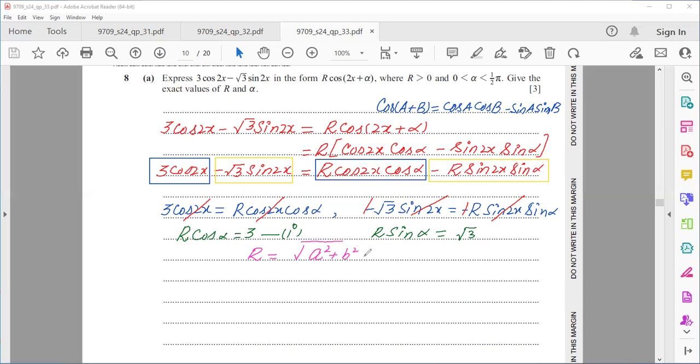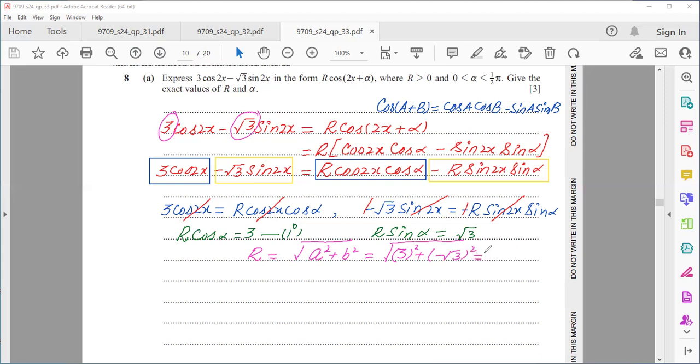And we know that a is the coefficient of the sine and b is the coefficient of the cosine. In other words, these are the first and second constants, which are the coefficients of the sine as well as cos. So we have 3 whole square plus minus root 3 whole square.